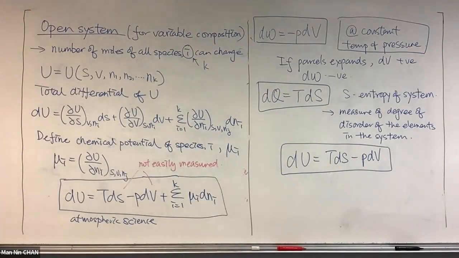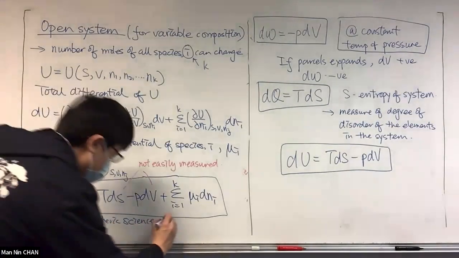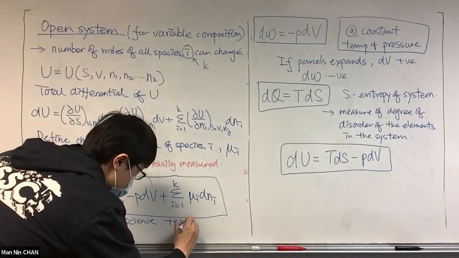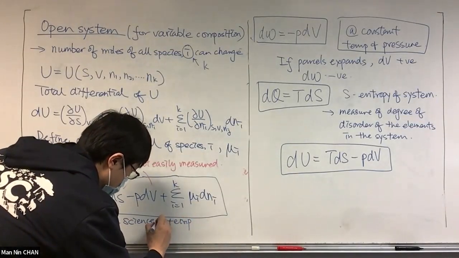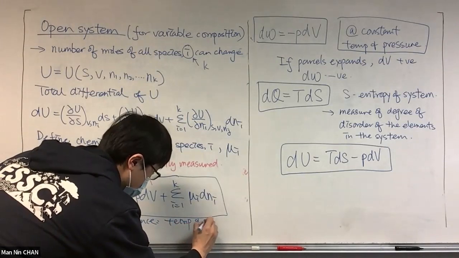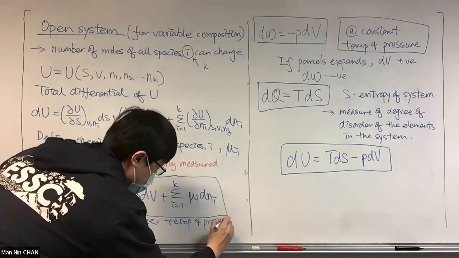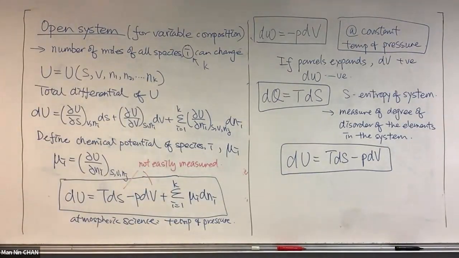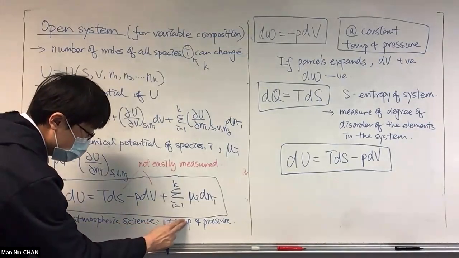So for atmospheric science, of course, we prefer to measure using the temperature and the pressure. These are parameters that are easier to measure.